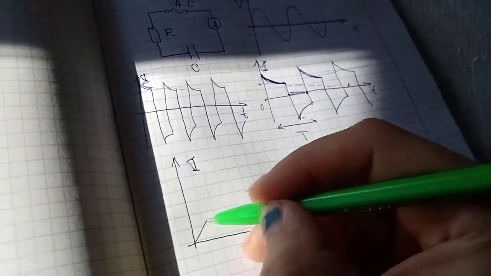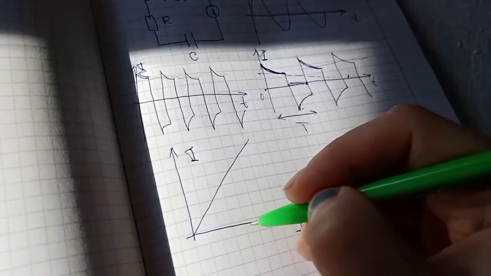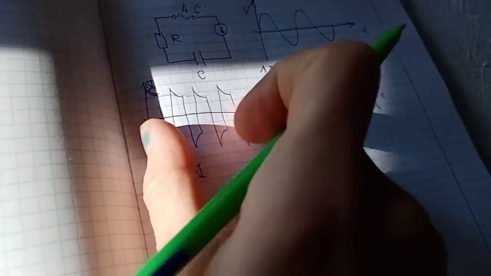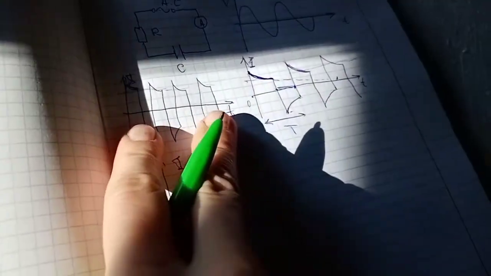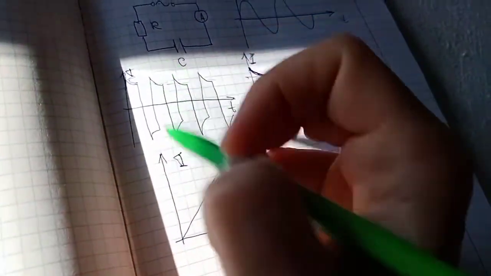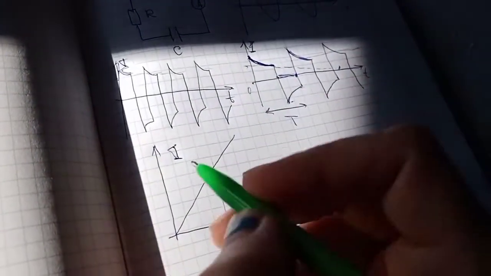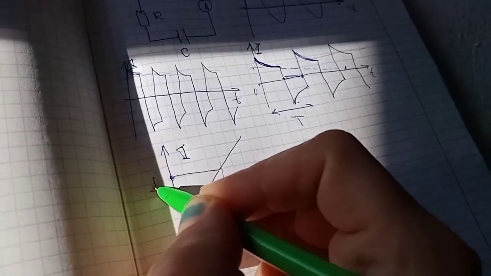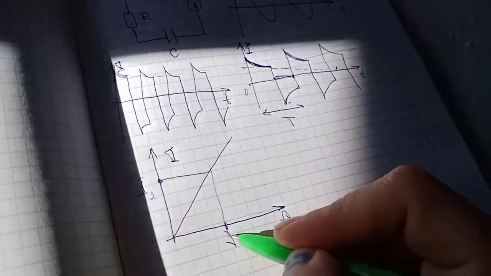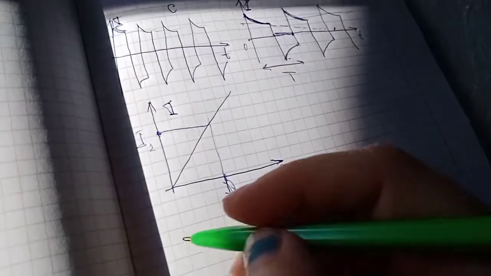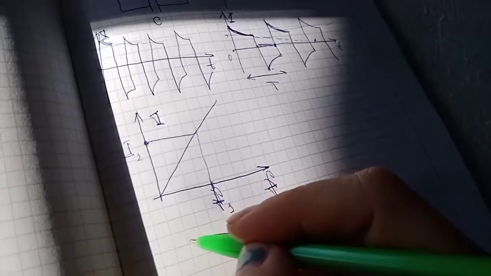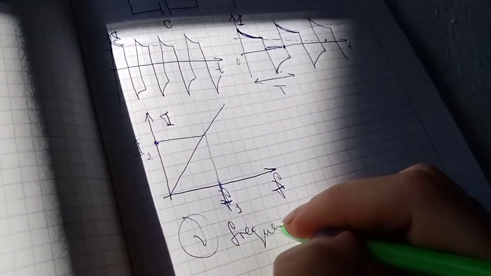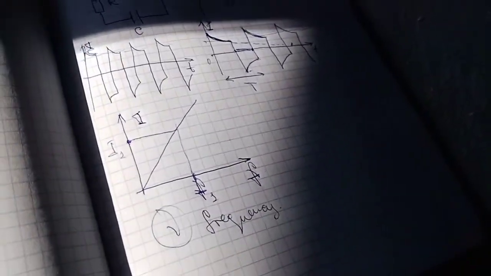It's a linear dependency. It means that the higher the frequency, the more dense the current changing, and the larger average current we will get. Usually I call frequency nu, though sometimes I can forget it.